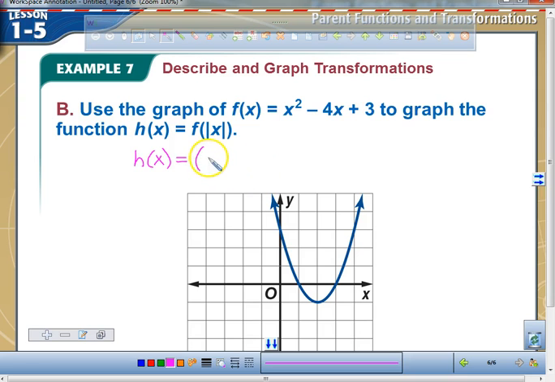See here, we're going to put absolute value around the x, and then we're going to square it, right? Minus 4 times the absolute value of x, right? Plus a 3.